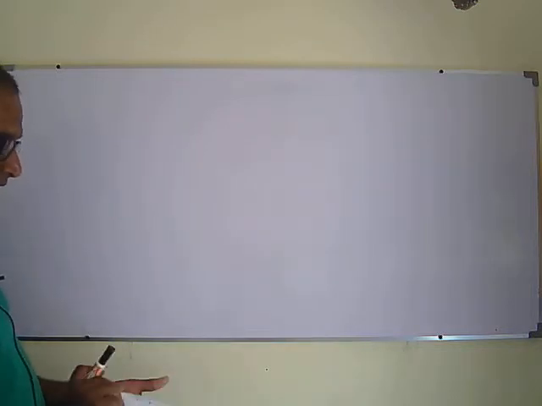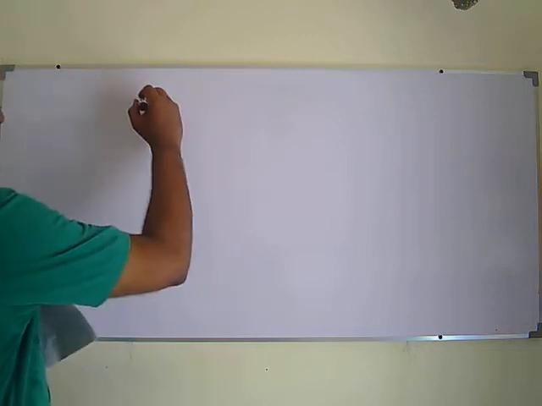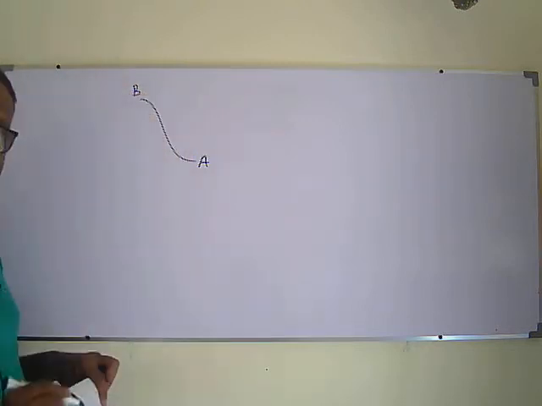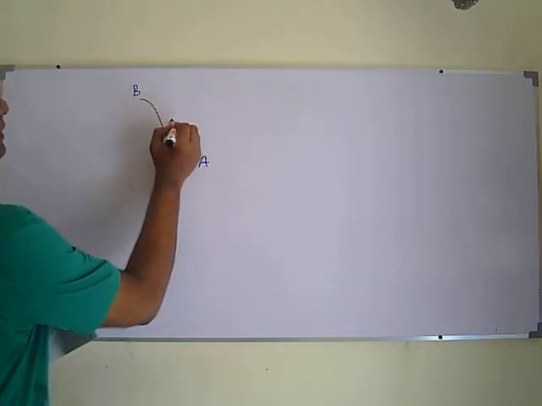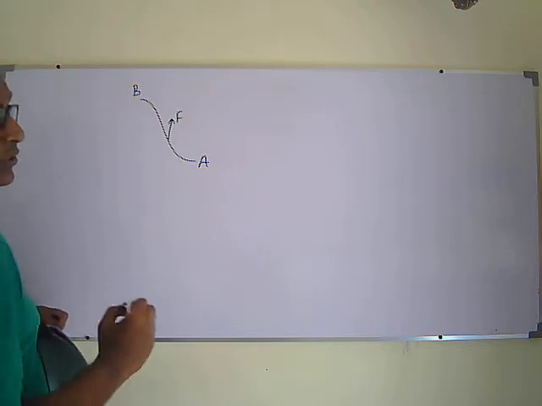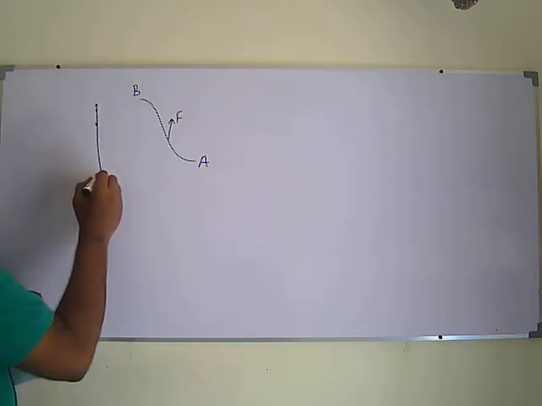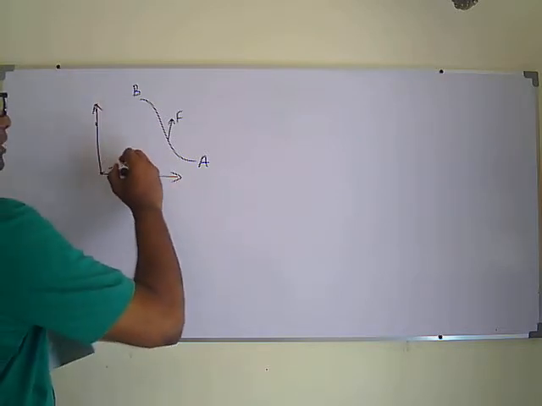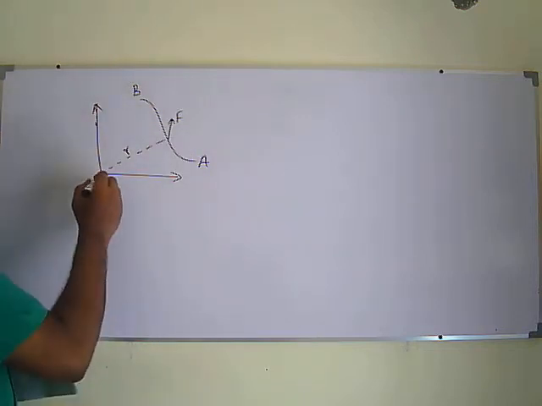We can consider the motion like an object is moving from A to B. The force acting on the object is F. I can take this as the origin, and this is the coordinate, which I can call R.